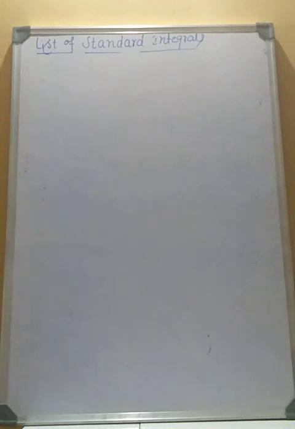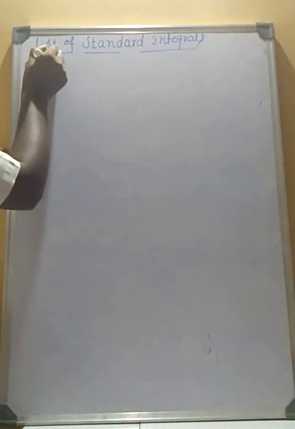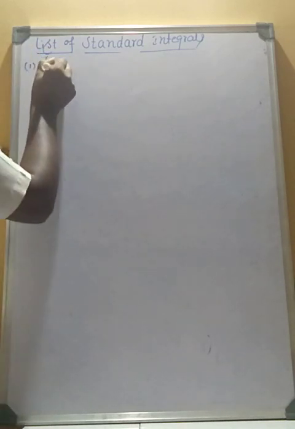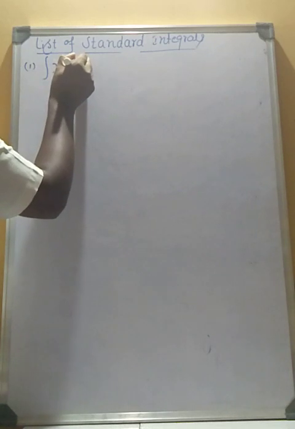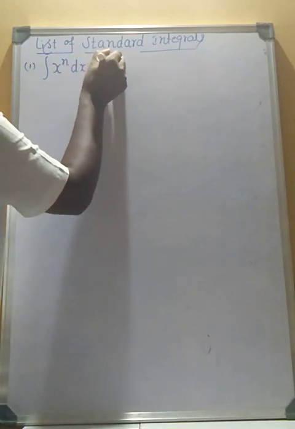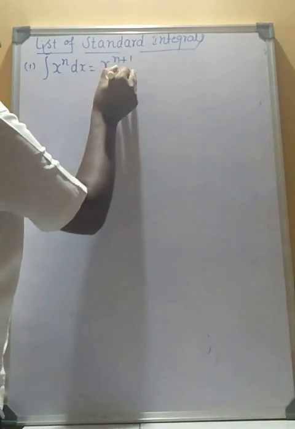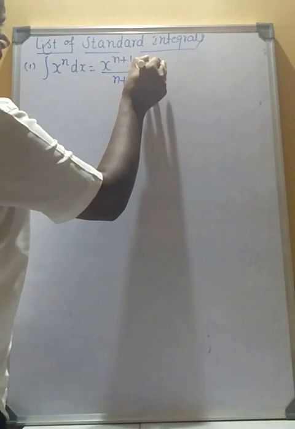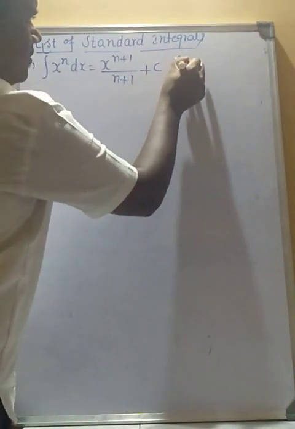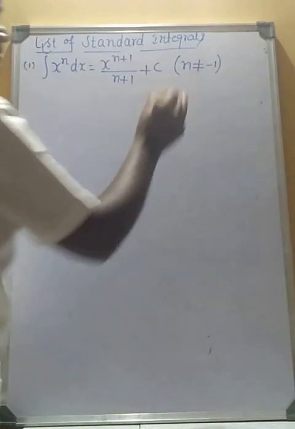That is, first one, integral of x to the power of n into dx is equal to x to the power of n plus 1 divided by n plus 1 plus c. Here n is not equal to minus 1.